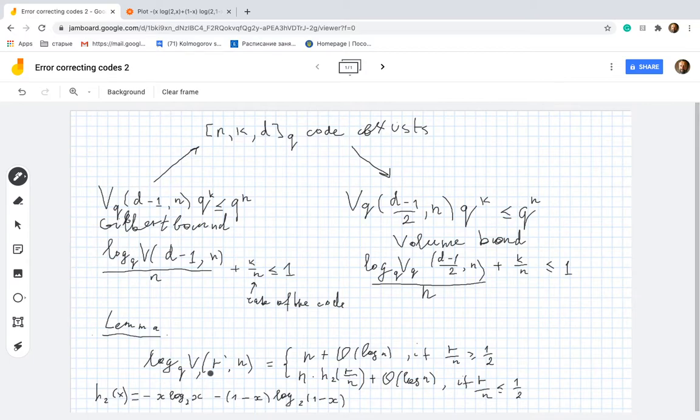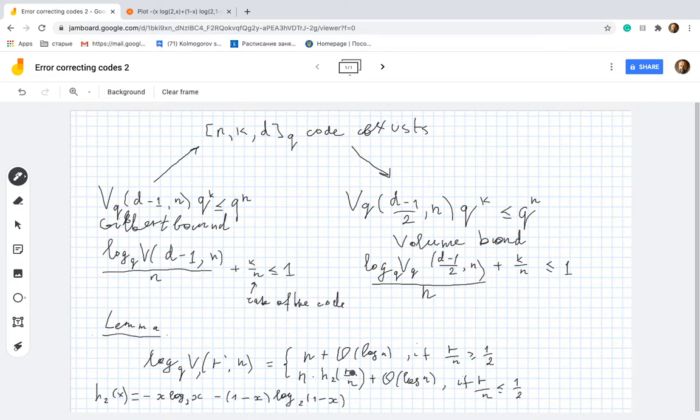So when we apply this lemma, of course we can ignore d minus 1 in both bounds, because if r is changed by 1, the ratio r over n is changed by at most 1 over n, so this change is negligible.